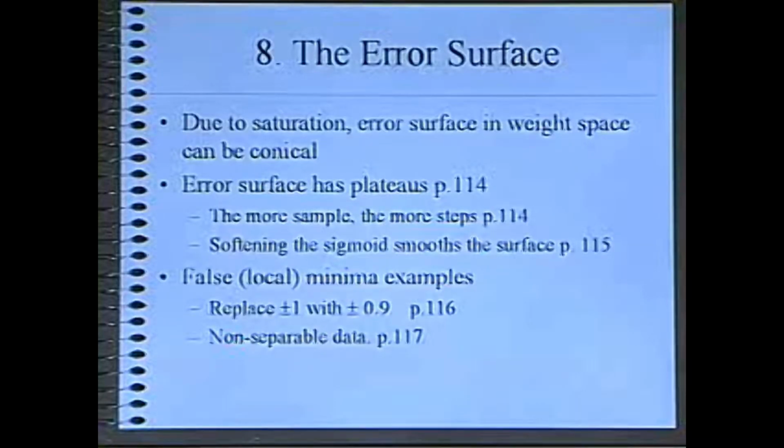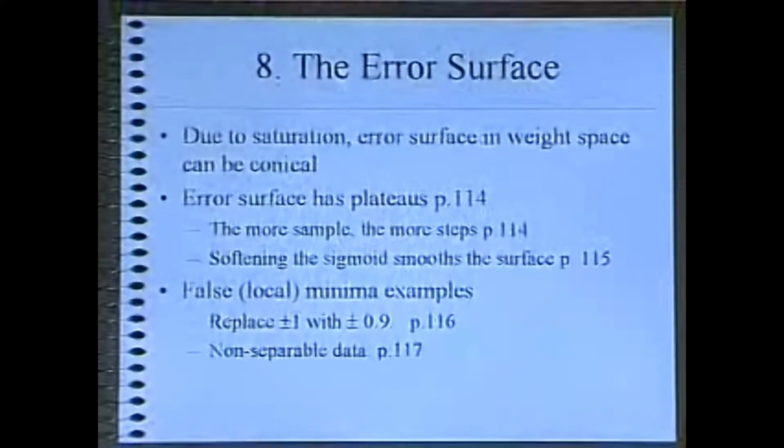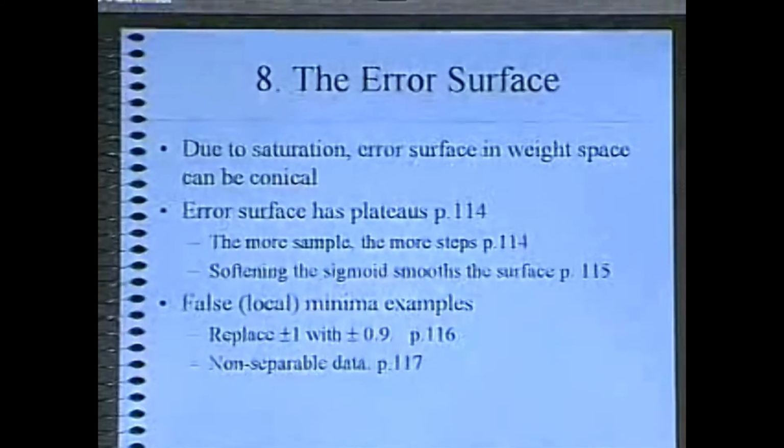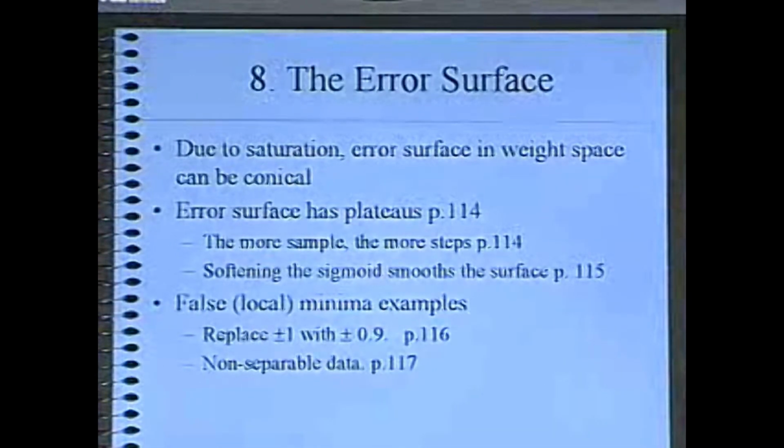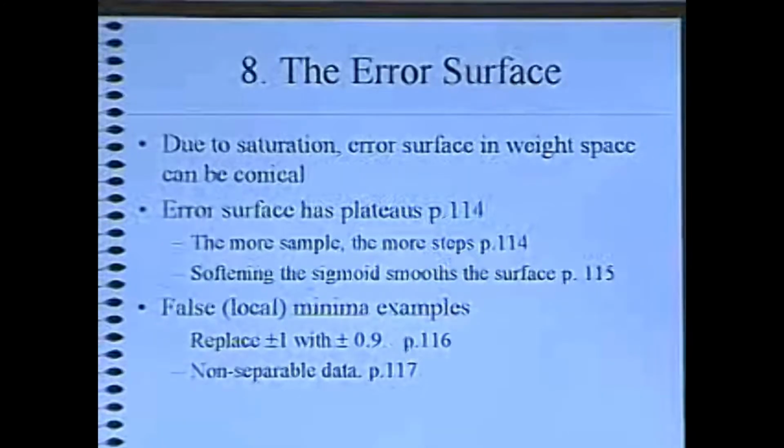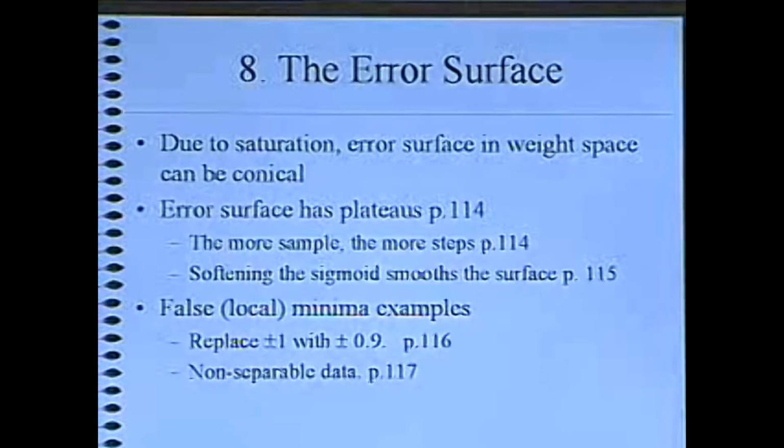Okay, the error surface. Point number one, due to saturation, error surface in weight space can be conical. We make the following recognition here. Suppose that we have a sigmoid and we have a weight, and this weight is such that it gives us an activation which is here, which gives us a state of the neural network equal to 0.9.